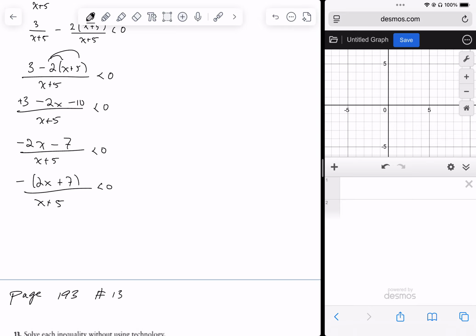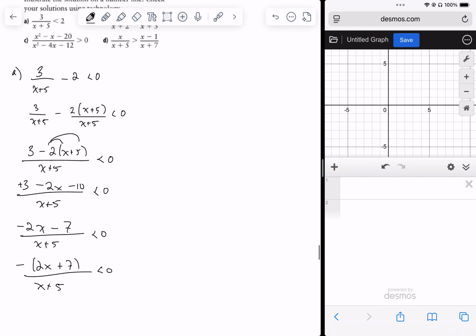Now I'm going to find the areas of interest in which I'm going to check the intervals. You'll see when we did that, we drew a little x number line, and I put the areas of interest on. Those areas of interest came from our x-intercepts and our vertical asymptotes.